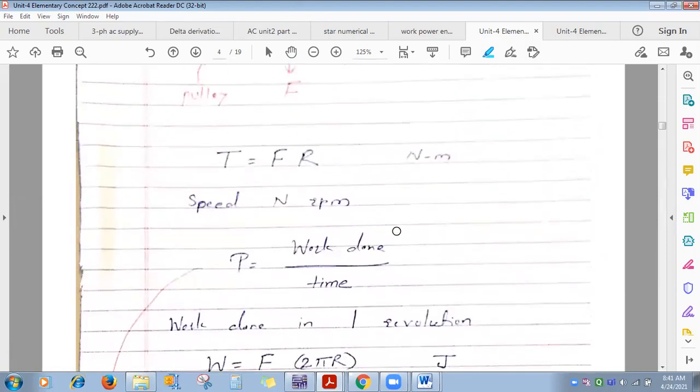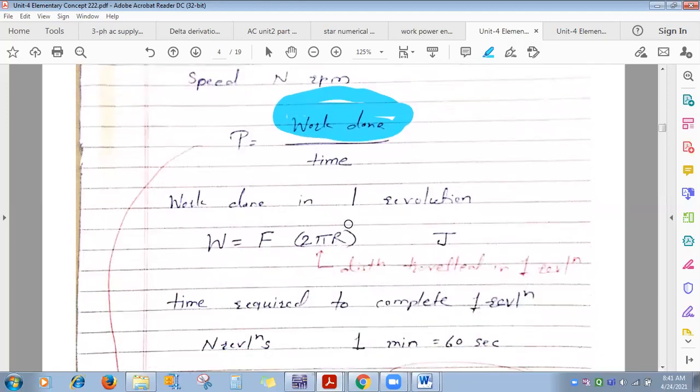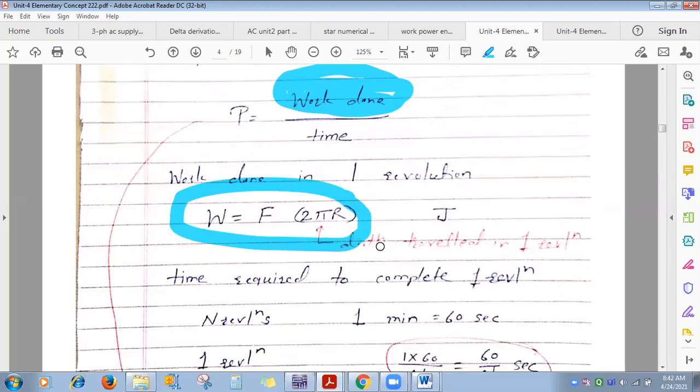So in one revolution, how much work will this pulley do? Force into distance. How much distance does it travel in one revolution? 2 pi r. So work done in one revolution is F into 2 pi r. Now, how much time will it take to complete one revolution?